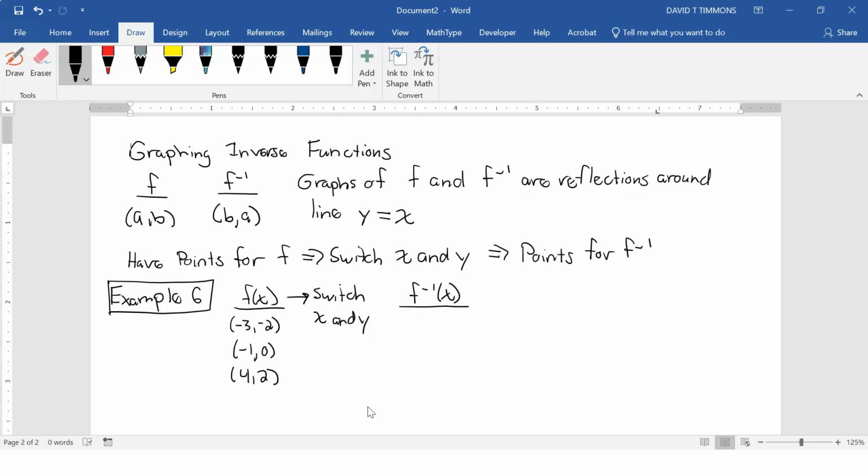So now I just create the table of coordinates of the inverse function. This would be (-2, -3), (0, -1), and (2, 4). So all you have to do is just switch the x and y coordinates of the points for f of x, and you'll have the points for the inverse.